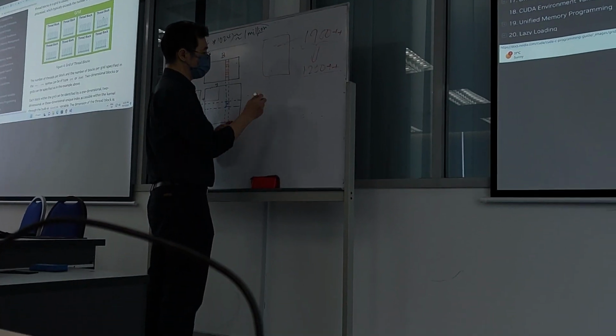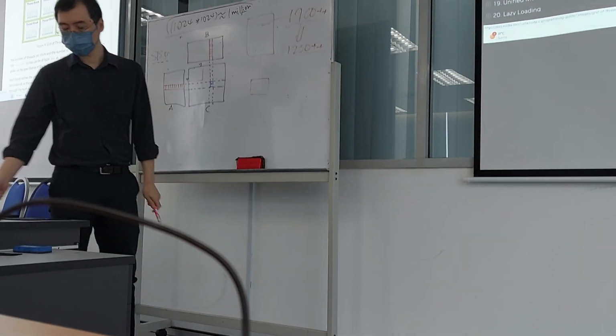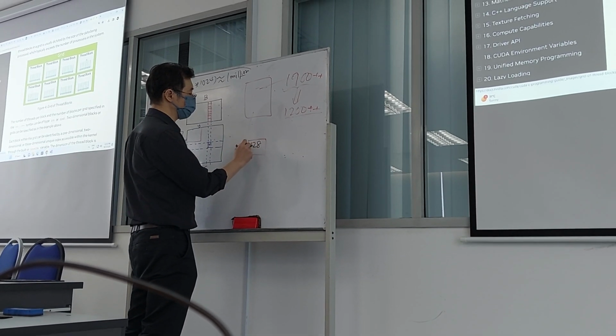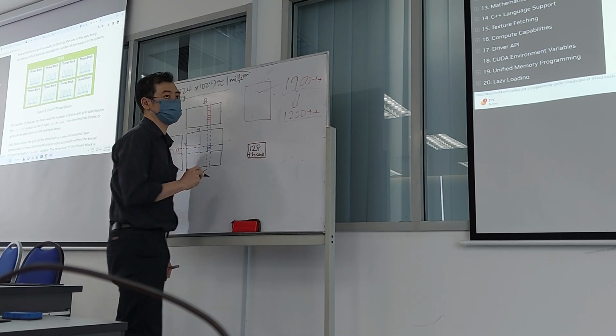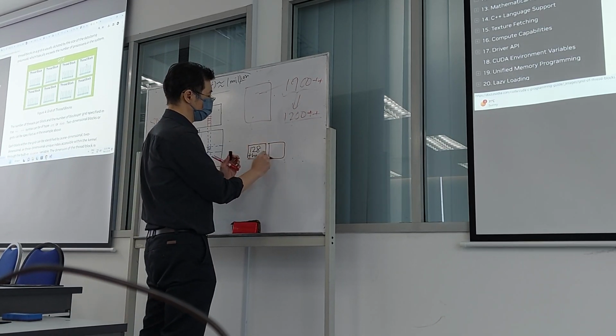You define a block, and then you specify how many threads inside that. Let's say, for example, I want 128 threads inside the block. And I can repeat this number of blocks here. I can repeat this.